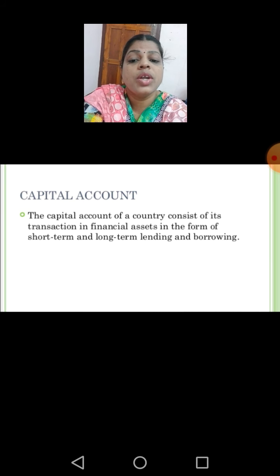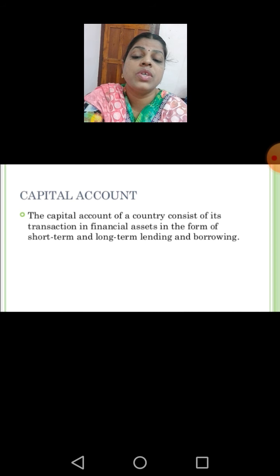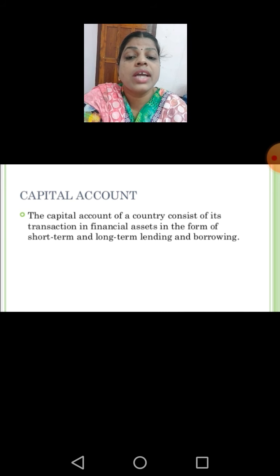So I told you that not only for the purposes of goods and services, the financial market is also there, where the transactions between the various financial assets take place. So there also the capital account of a country consists of its transactions in financial assets in the form of short term and long term lending and borrowing.